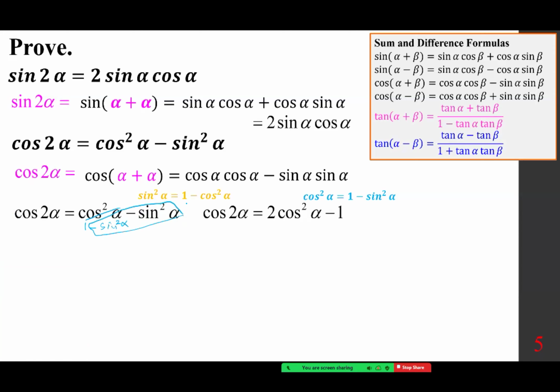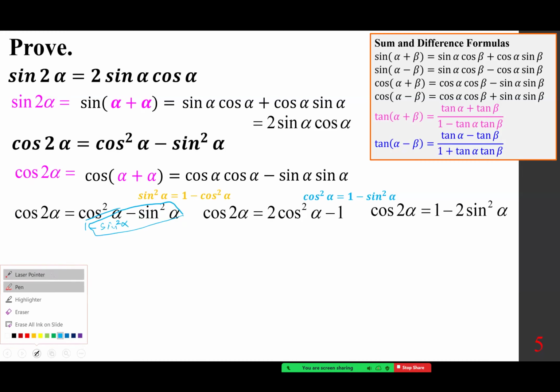That gives us 1 minus 2 sine squared. So Pythagorean identities help us prove that cosine of 2 alpha has 3 different versions. Cosine of 2 alpha is cosine squared minus sine squared, 2 cosine squared minus 1, or 1 minus 2 sine squared. And they are all handy.